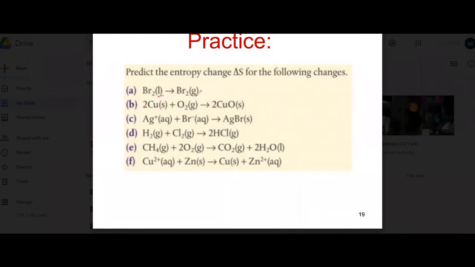A, Br2 liquid to Br2 gas: the entropy change will be positive. B, Cu solid plus O2 gas to CuO solid: this is negative because gas disappears to form a solid. C, negative because aqueous changes to solid.